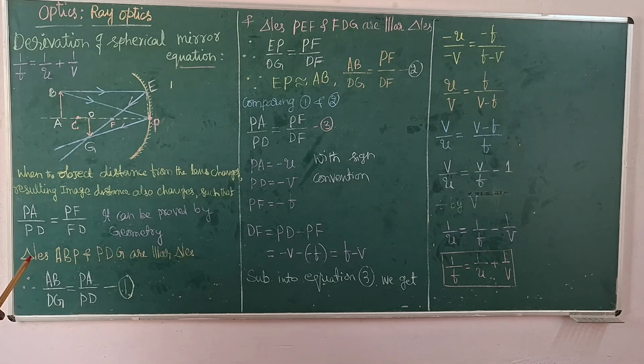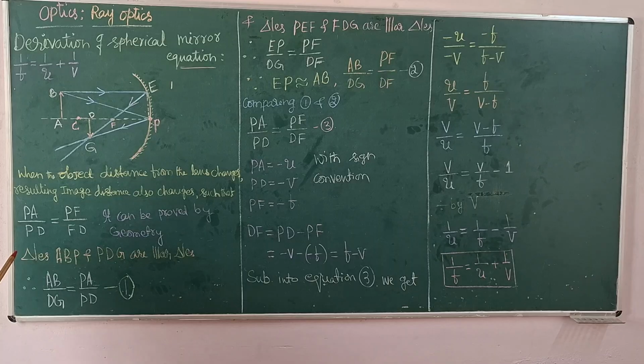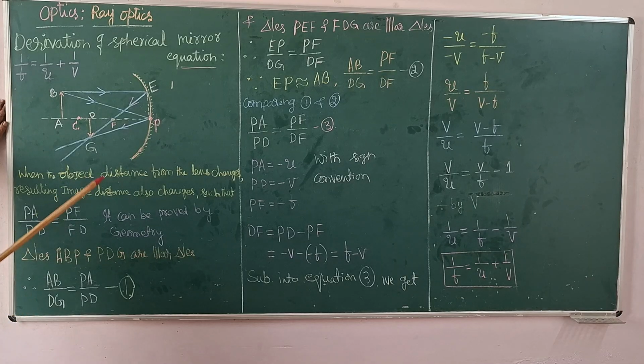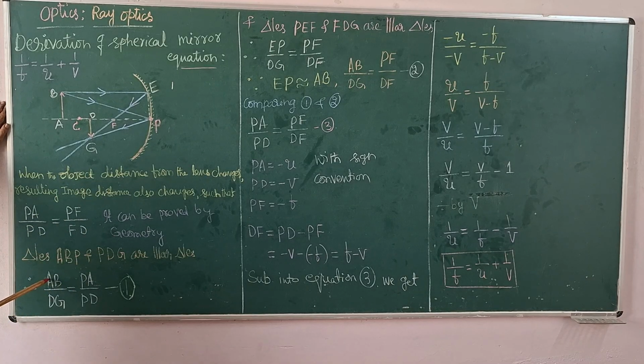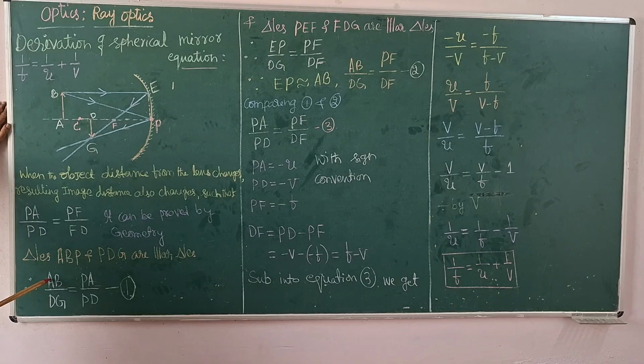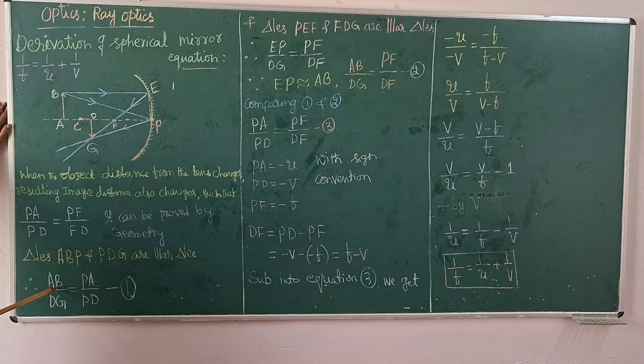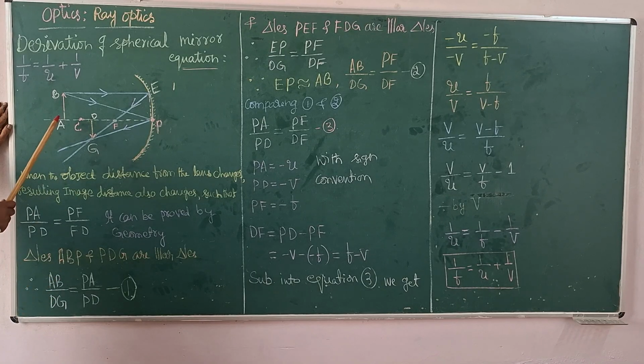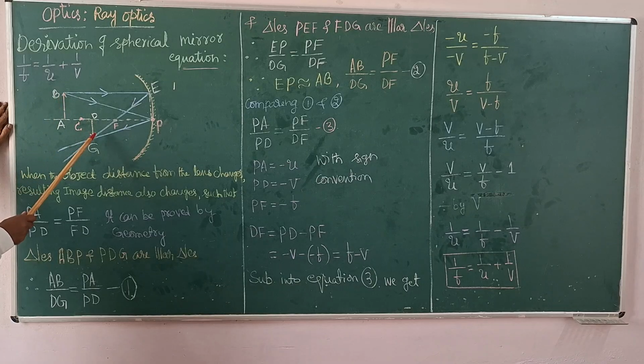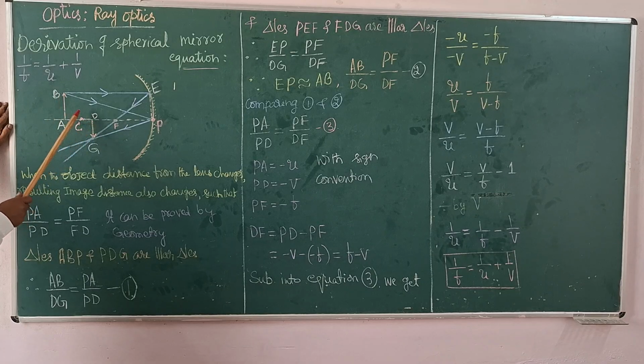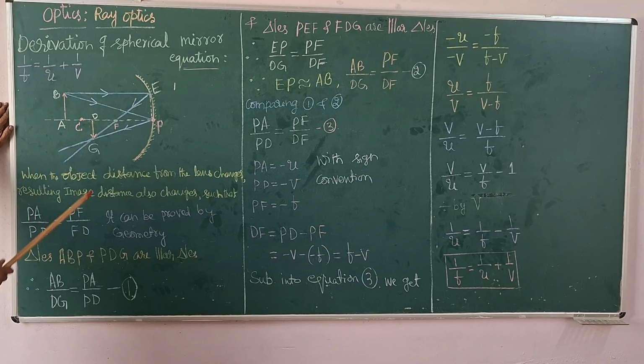The condition for similar triangles is that the ratios of the corresponding sides are equal. I am taking this side as AB, this side of one triangle and the corresponding side of the other triangle.